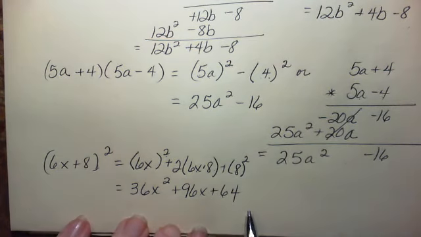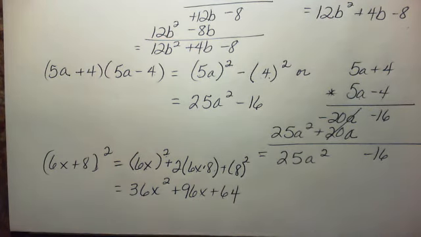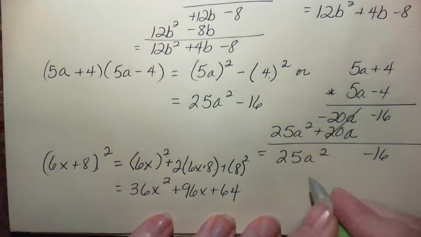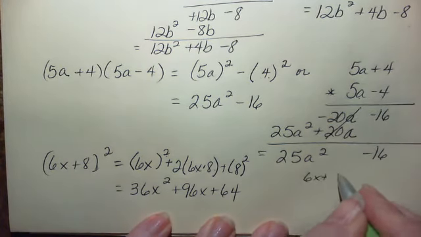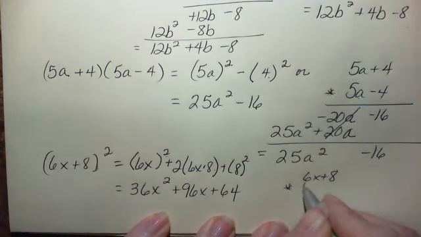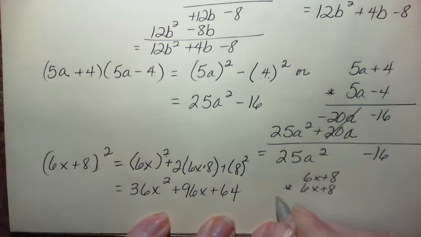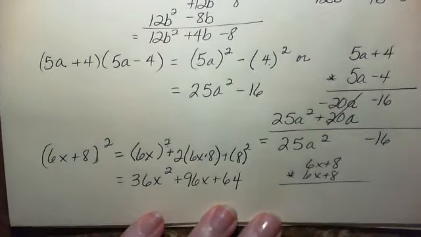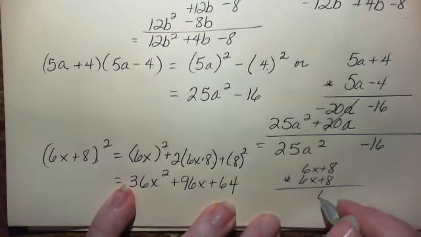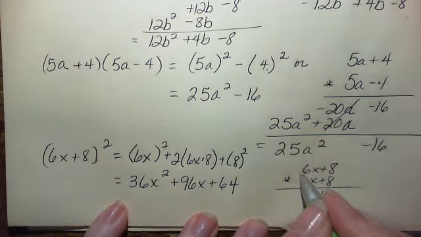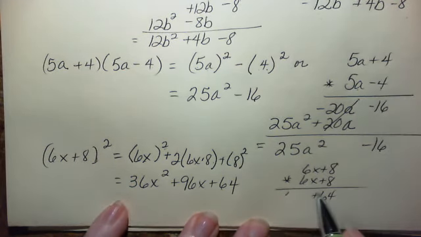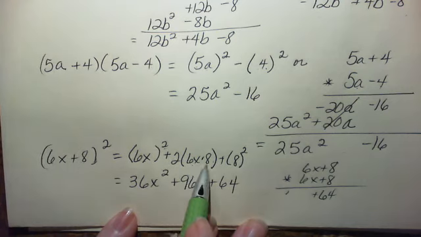Now remember, if you can't keep the pattern straight, you could stack these and multiply in our usual manner. That would be 6x plus 8 times 6x plus 8. We multiply 8 times 8 for 64, positive. 8 times 6x, notice that's 6x times 8 right here.